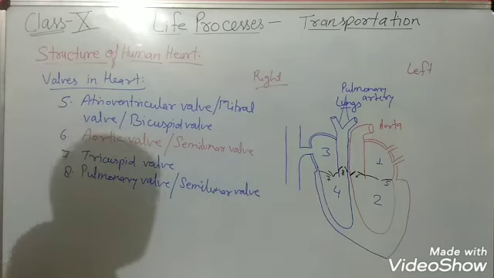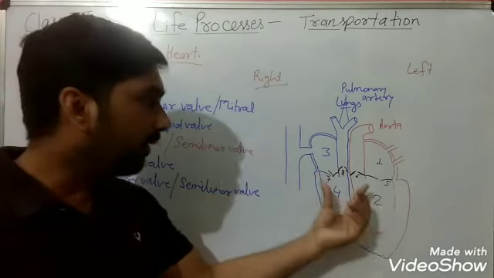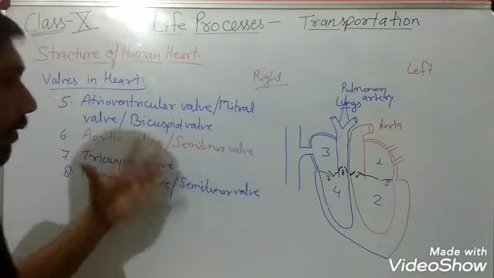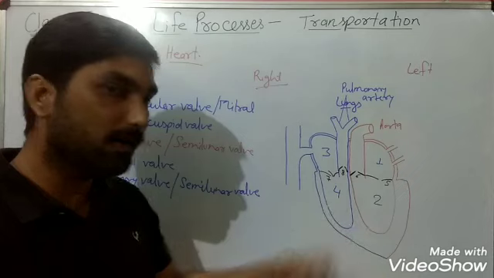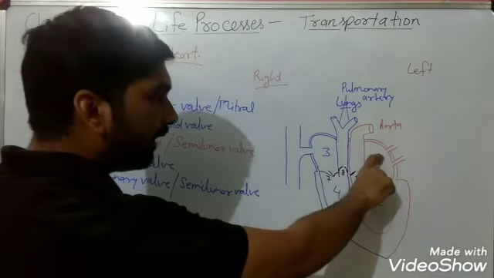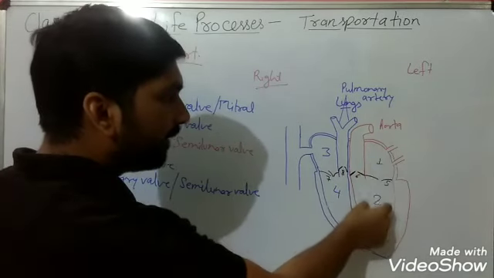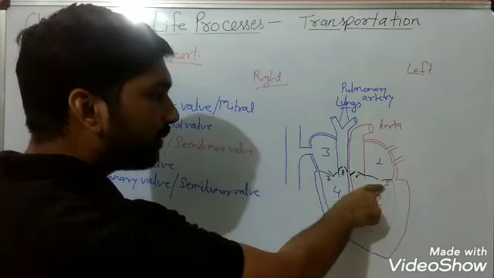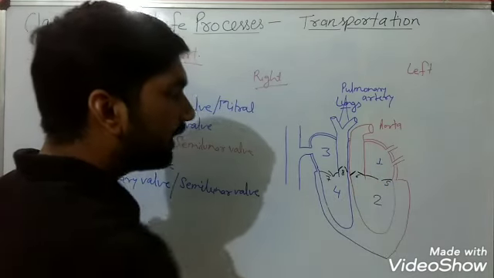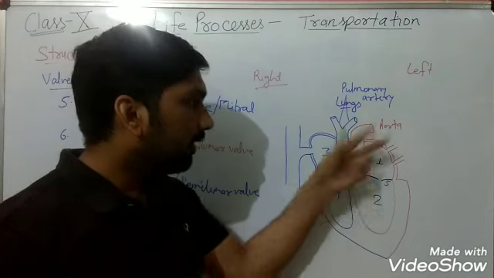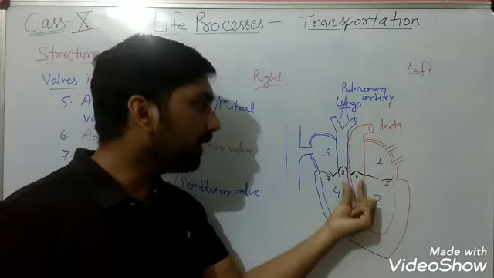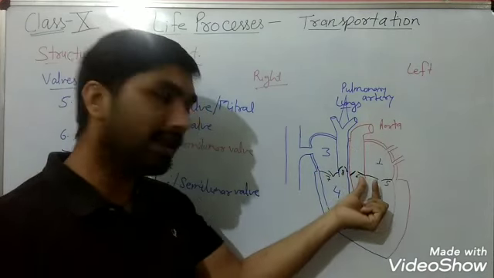So now, after the 4 chambers of the heart, we have discussed the 4 valves in the heart. In between the left atrium and left ventricle, the valve that is present is known as bicuspid valve. Here, between the aorta, the valve that is present is known as semi-lunar valve.